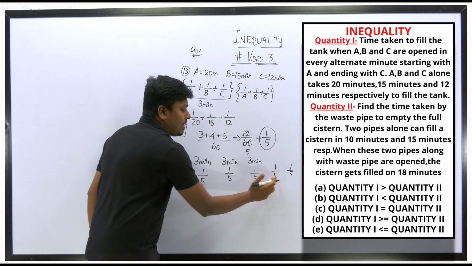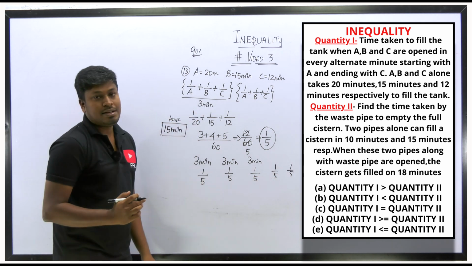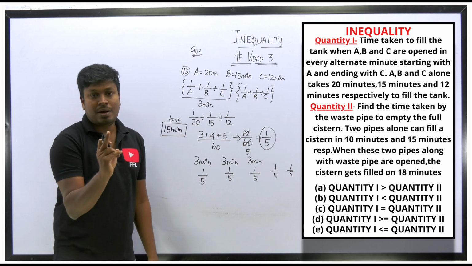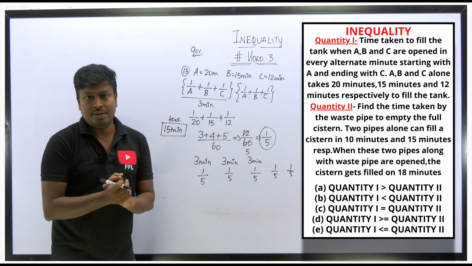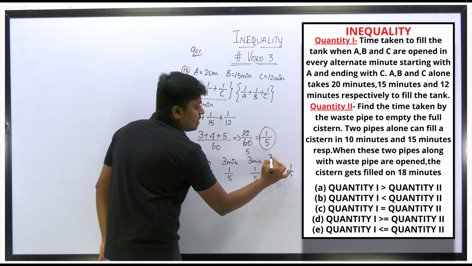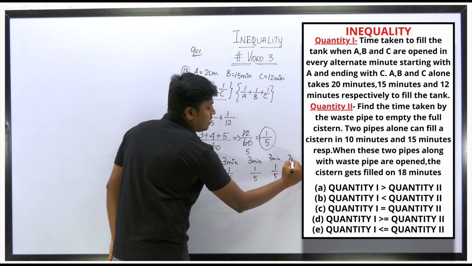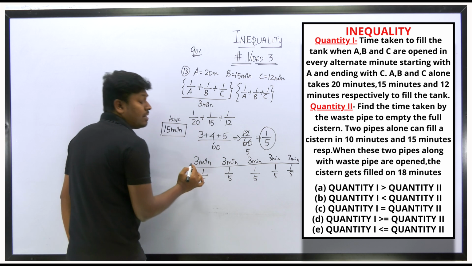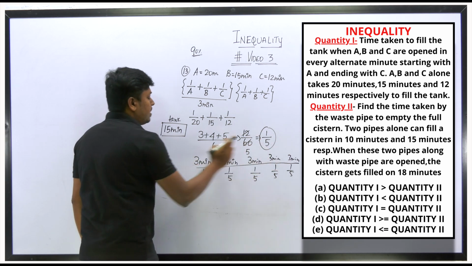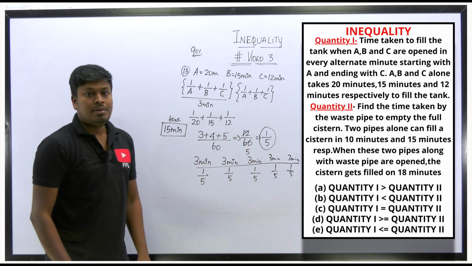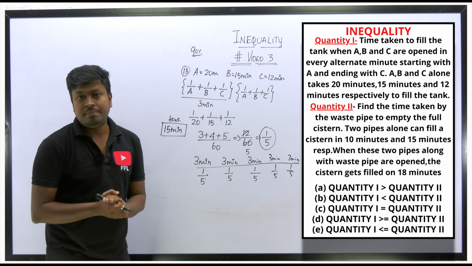Only then we can say that when you add all these values, the resultant will be 5 by 5, which is 1, which means the total tank gets filled. So 3 minutes, 3 minutes, 3 minutes, 3 minutes and 3 minutes. This is also the traditional method you can use. When you add all the 3 minutes, the resultant will be 15 minutes. So in 15 minutes, the total tank will be filled.